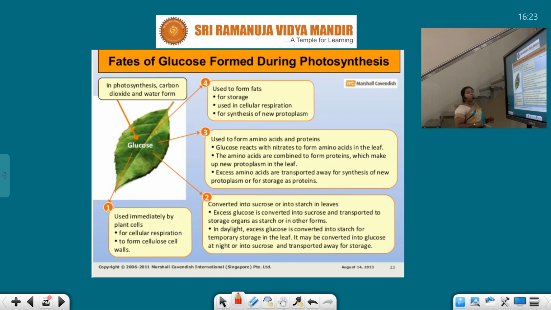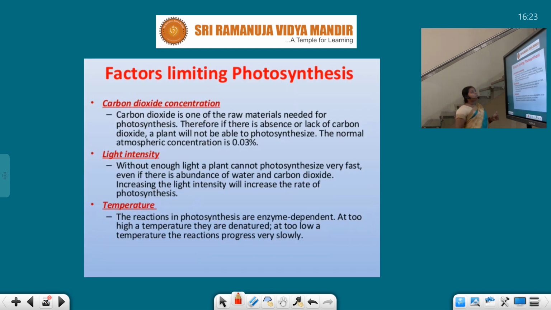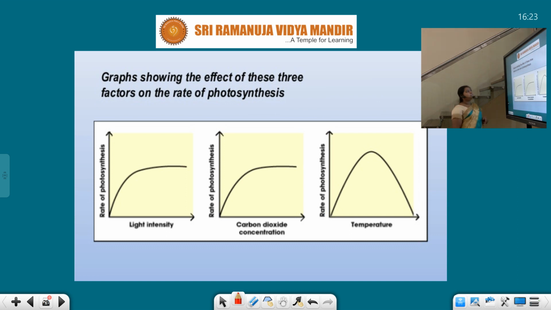This is about the fate of glucose formed during photosynthesis. Now, factors limiting photosynthesis. Many factors influence the process of photosynthesis, like carbon dioxide concentration, light intensity and temperature. These are the graphs showing the effect of the factors on the rate of photosynthesis.